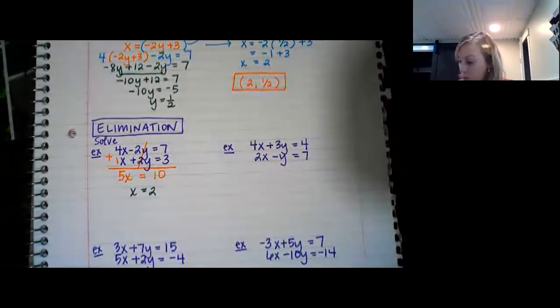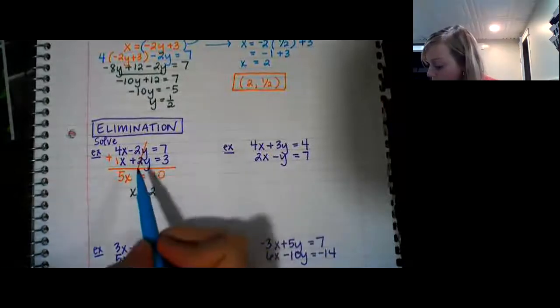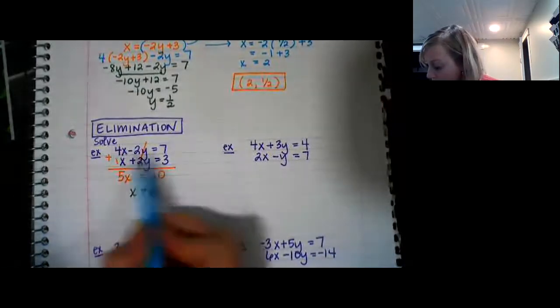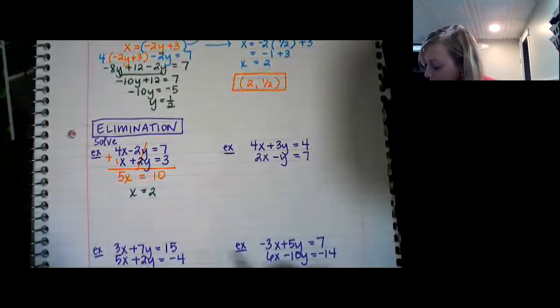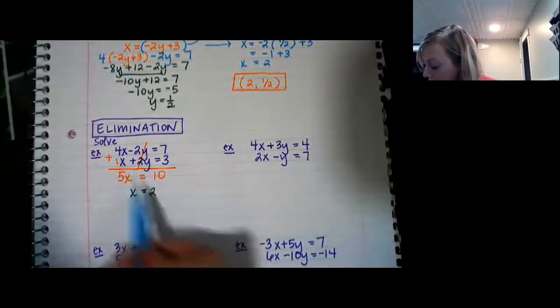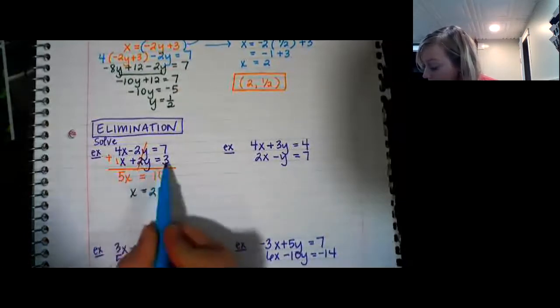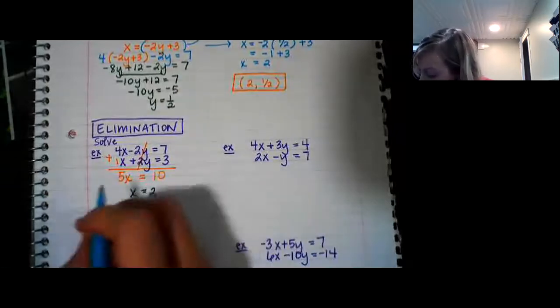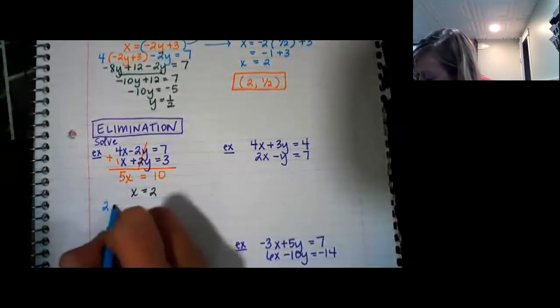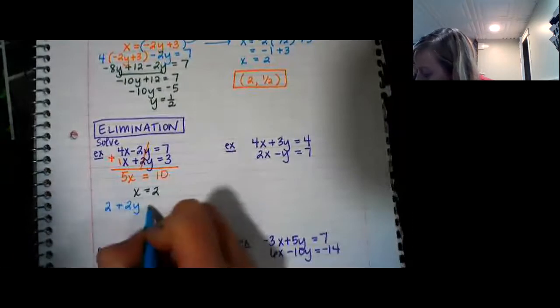But now we need to figure out what y is. To figure out what y is, you can go to either equation, the first one or the second one, it doesn't matter which one, and you're going to plug 2 in for x. The second equation just looks smaller to me, so I'm going to use that one, but it actually doesn't matter which one you use.